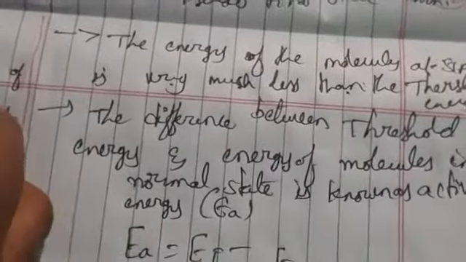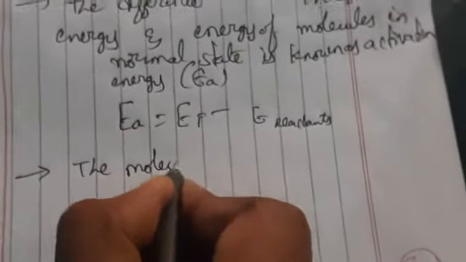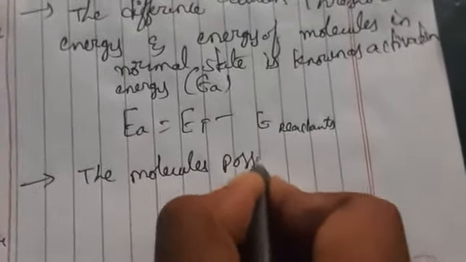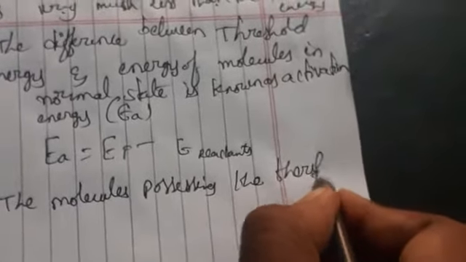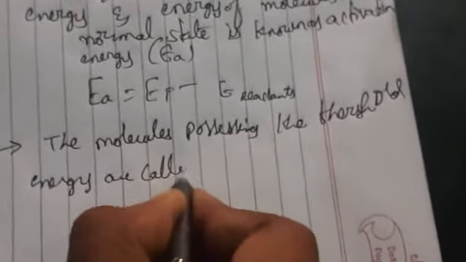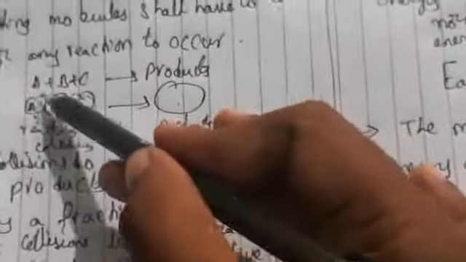Why? Because during collisions between the normal molecules, the molecules possessing threshold energy we call activated molecules.